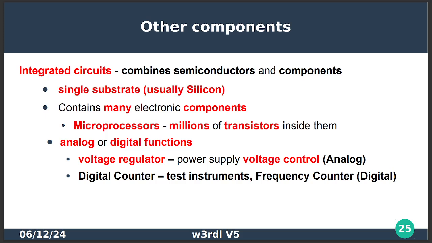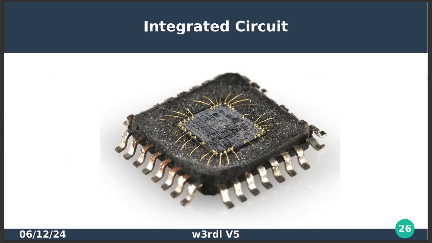Digital counters for frequency counting, test instruments. So all this stuff is being done through integrated circuits. And there's an example of an integrated circuit right there, if you can see it from where you're at. If you get to look at one like this in the shop, you've probably done something wrong.